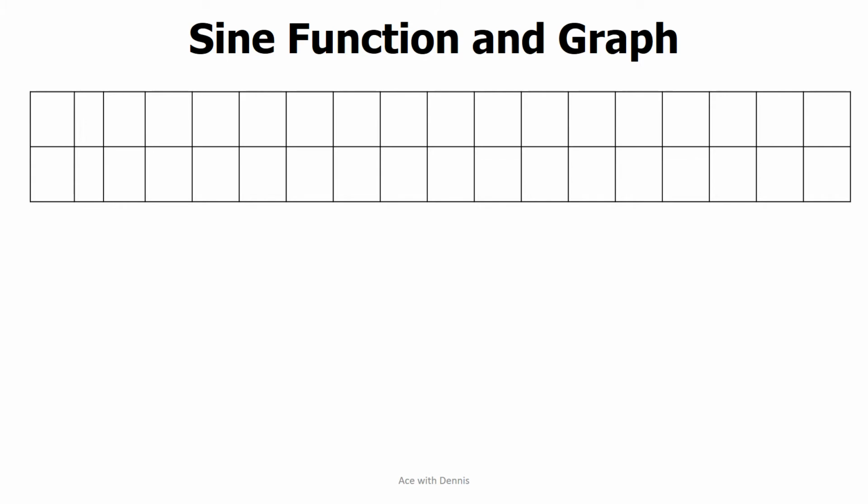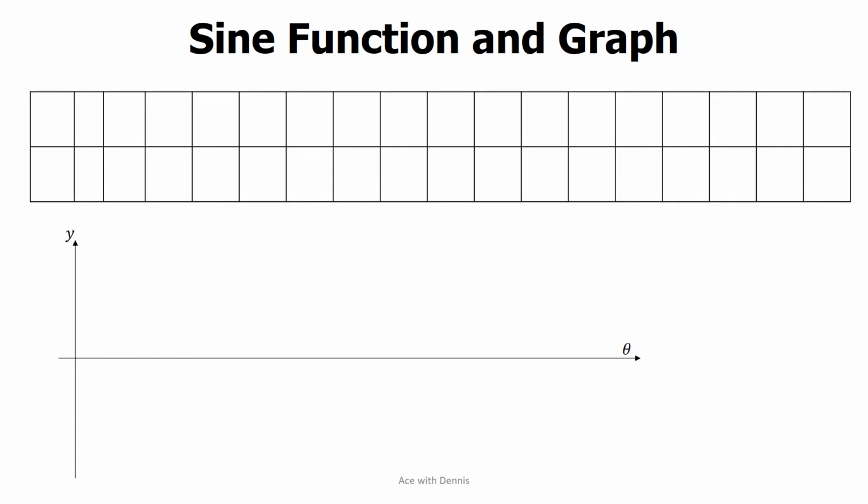In this section, I want to discuss how the sine, cosine, and tangent graphs look like, how we get these graphs. Okay, so we start with the sine graph. We have a table here, and this is the x and the y-axis. For the x-axis, we label it as theta.